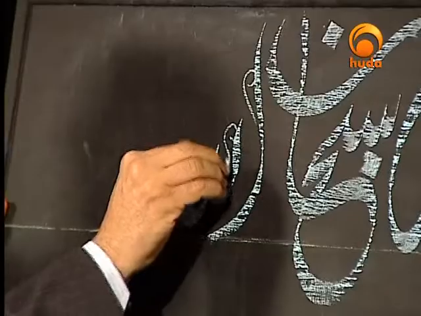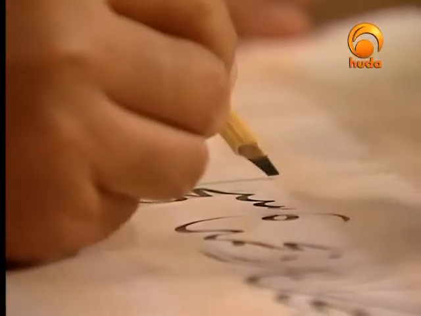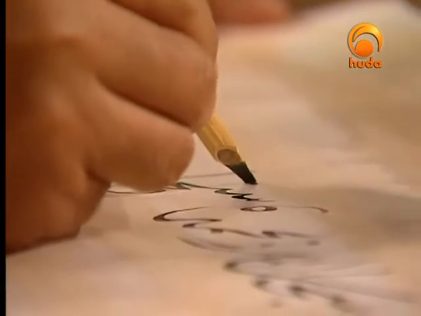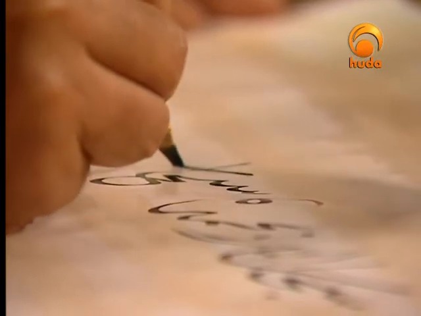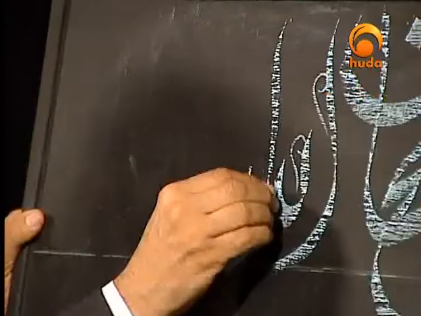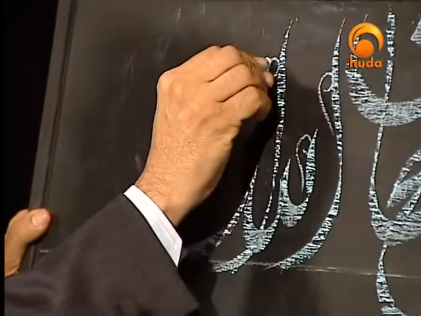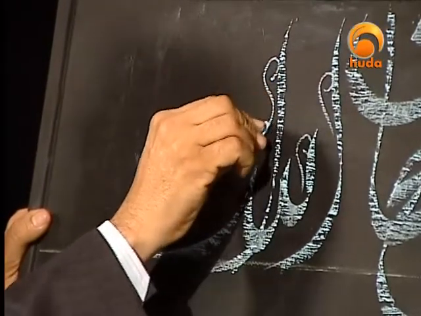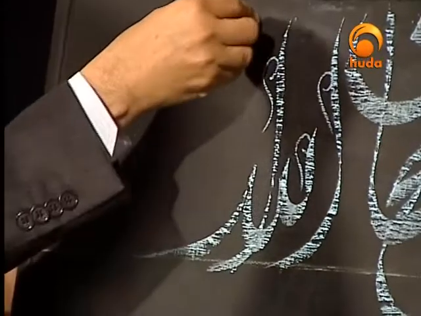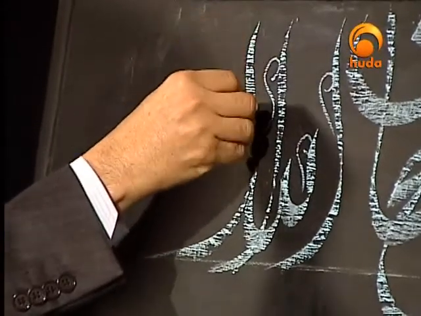The other part of decoration also, the end of the letter. Go through the second letter of the name of God subhanahu wa ta'ala, Lam, and our decoration here. Lam of Al-Azim.